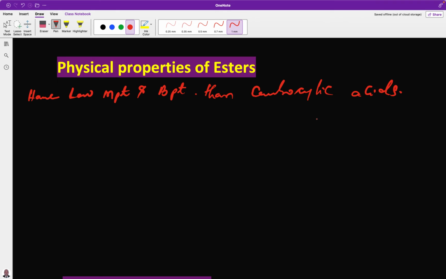They are insoluble in water. Another point is that they are not miscible with water.